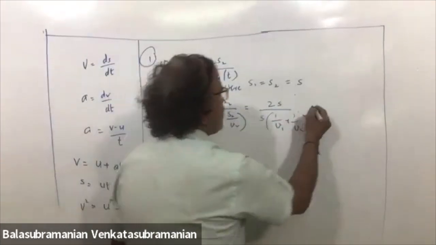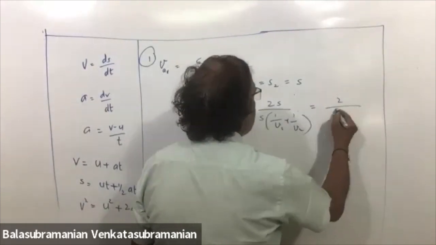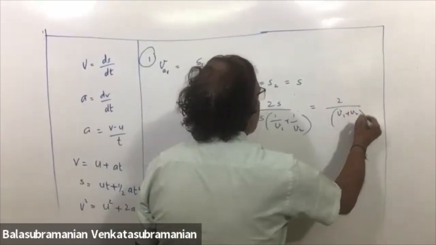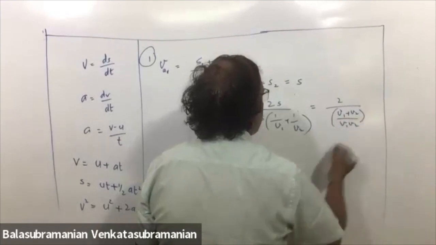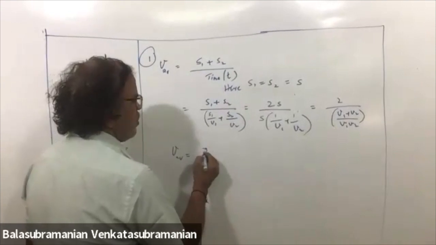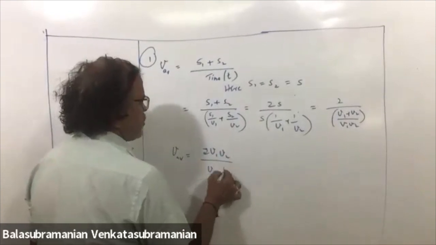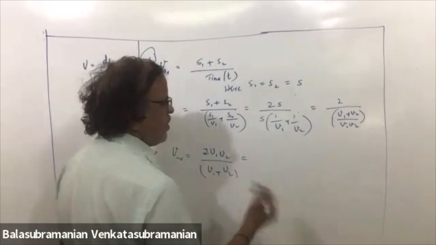S and S cancel. Simplify: 2 by (V1 plus V2) by V1 V2. So average velocity is 2 V1 V2 by V1 plus V2. Basic part.